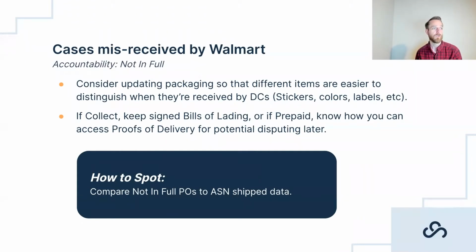So with that, starting out, cases misreceived by Walmart. This is a kind of invalid fine for in full from SupplyPike's perspective. What this means generally is cases where you shipped them out of your facility but Walmart says they didn't get them. This is a common scenario across a lot of suppliers.